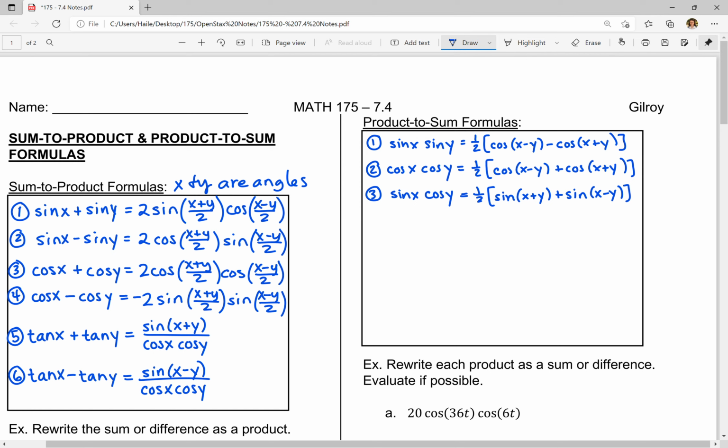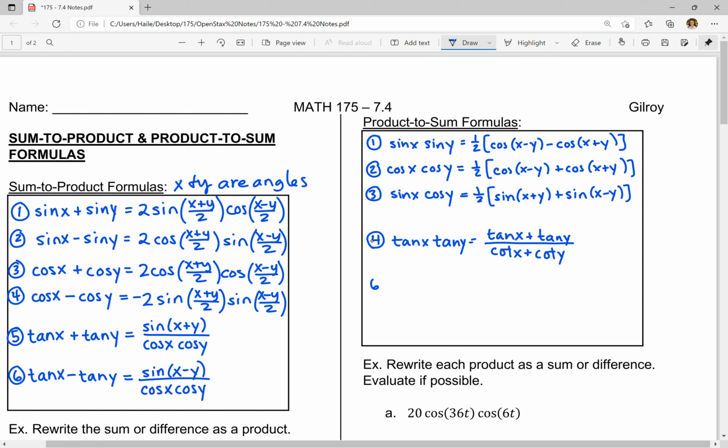Okay, and then finally we have two formulas for the product of tangents that aren't as important, but we're going to write them down anyway. Sorry, that's number 4. Okay, so fourth, we could have tangent of x times tangent of y, and that's equal to tangent of x plus tangent of y divided by cotangent of x plus cotangent of y.